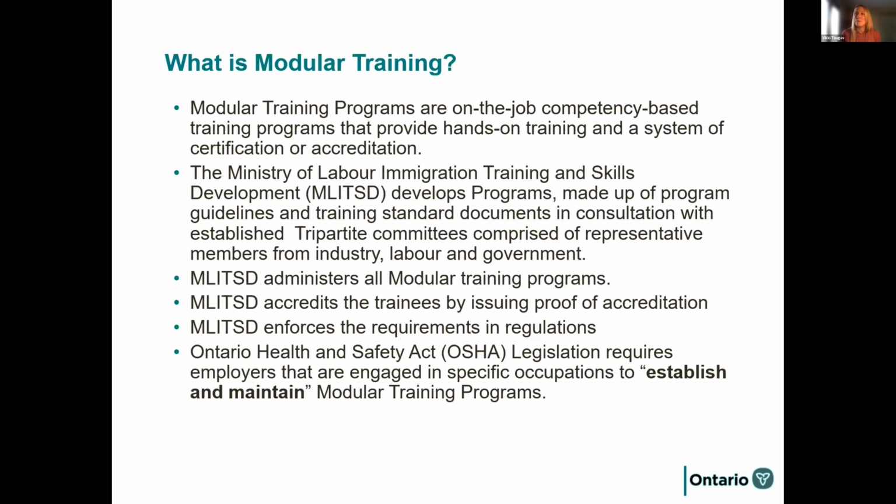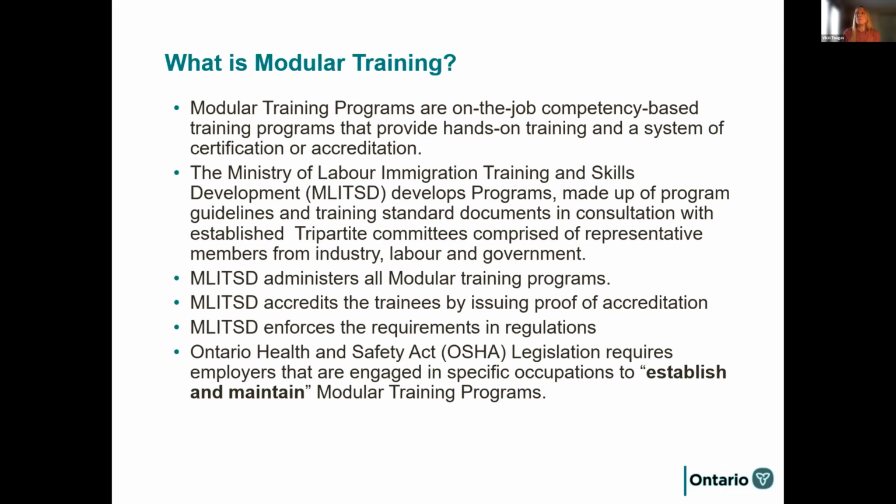MLITSD. Some of you would know us as MTCU, Ministry of Training, Colleges and Universities, and then we became the Ministry of Advanced Education and Skills Development. We then merged with the Ministry of Labour and became the Ministry of Labour, Training and Skills Development. And most recently, they have included immigration. So currently, we are the Ministry of Labour, Immigration, Training and Skills Development.